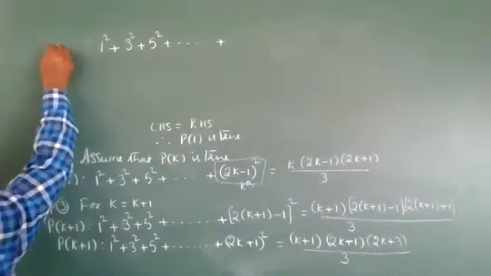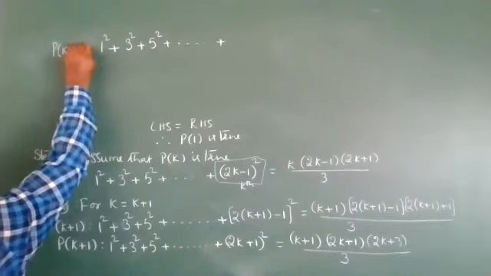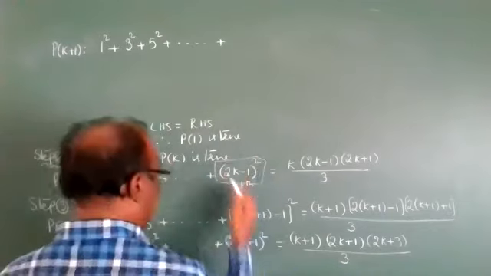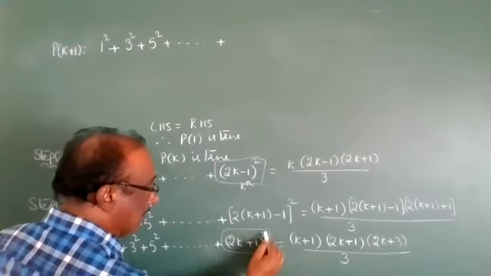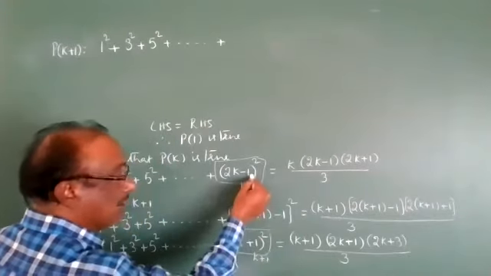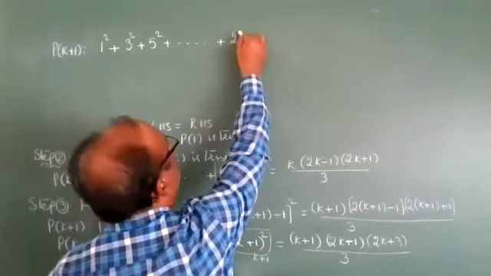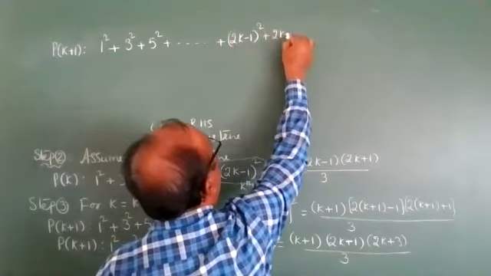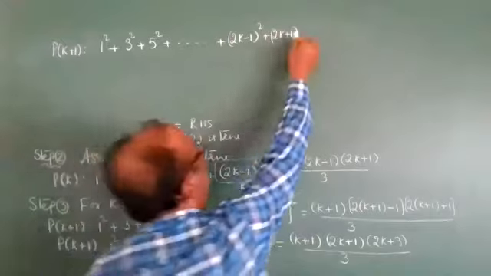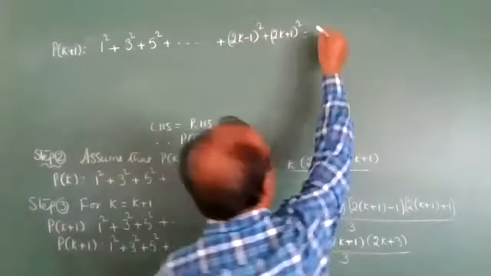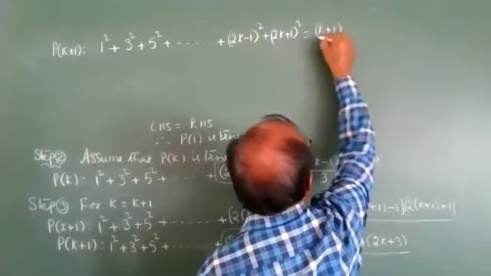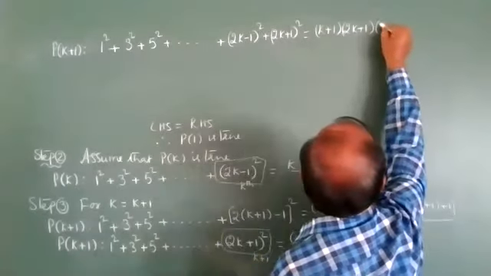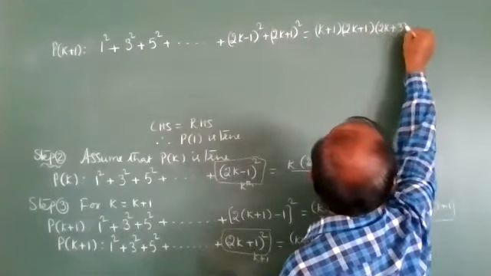P of k plus 1, I am writing upside. Right. P of k plus 1. One number square, first 2 numbers square, first 3 numbers square dotted. This is the k plus 1th number. Write down this number: before it, 2k minus 1 square plus 2k plus 1 square, is equal to right side k plus 1, 2k plus 1, 2k plus 3 upon 3.